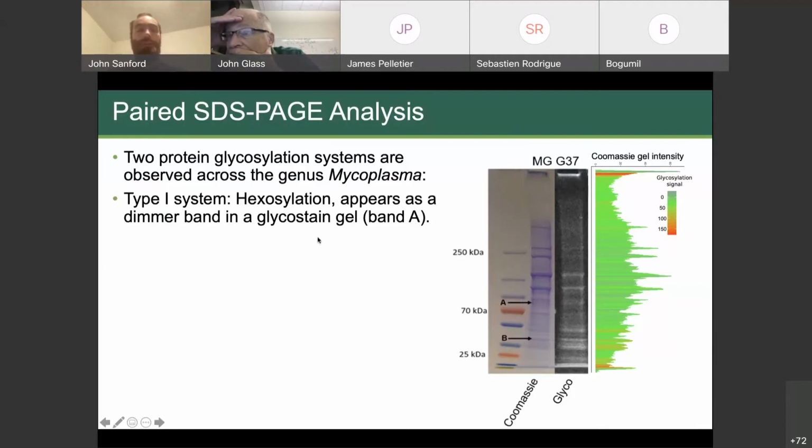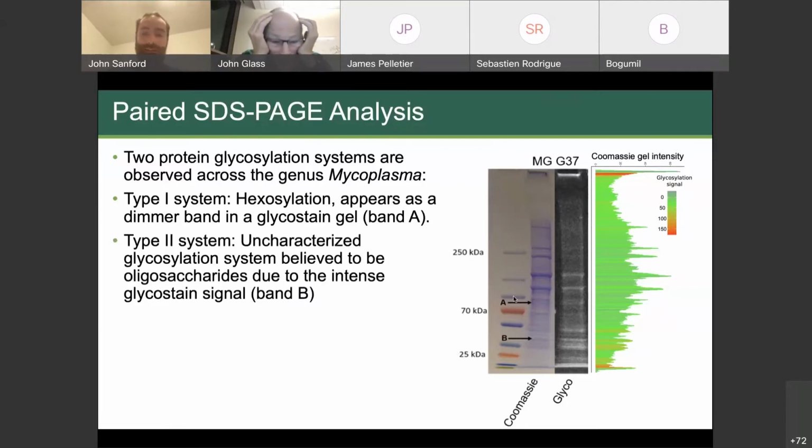This one has been characterized by James Dobenspeck earlier in the 2010s in M. pulmonis and pneumoniae and arthritidis to be a hexosylation system, which I'll get into in just the next slide, actually.